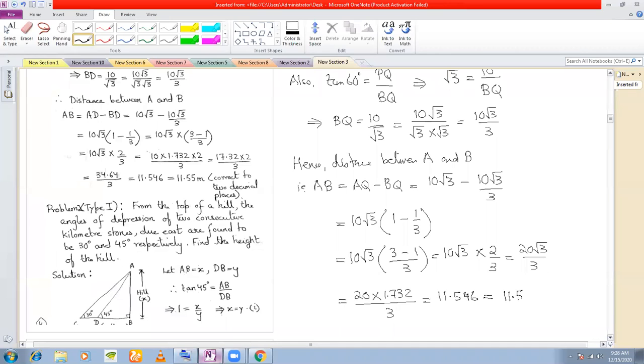We have asked the answer correct to two decimal places only. So since there is a 6 here, we add 1 to 4 and round it off: 11.55 meters, correct to two decimal places. That's it. I stop here for today.